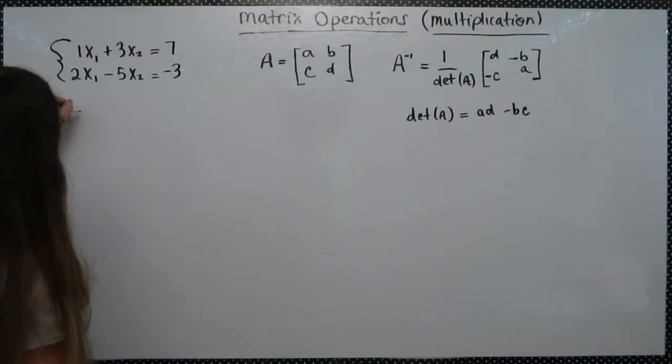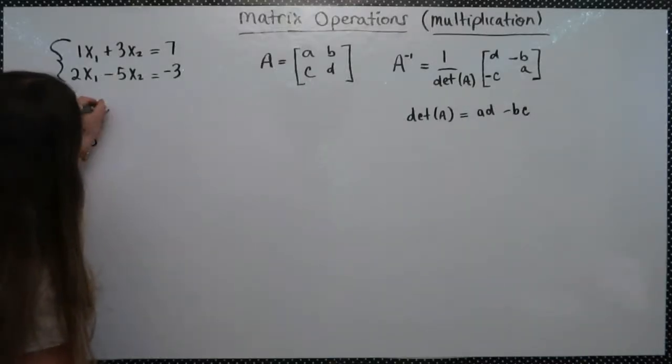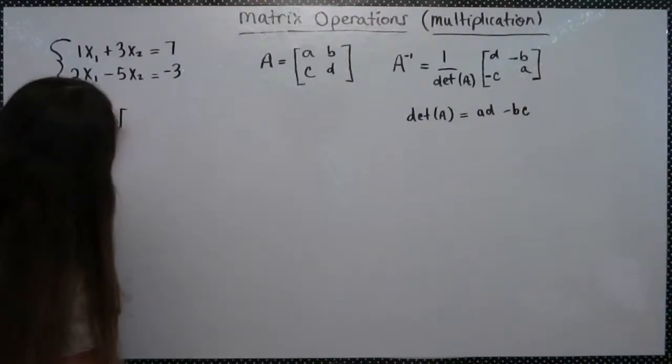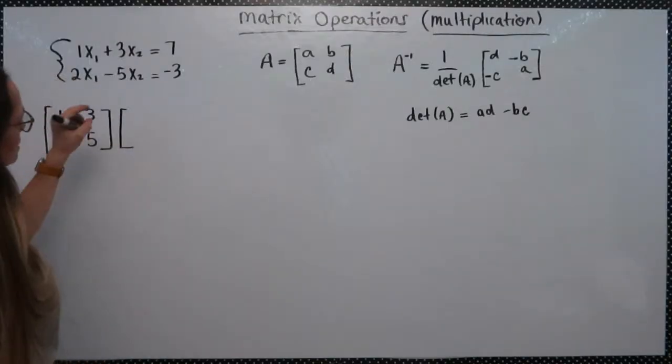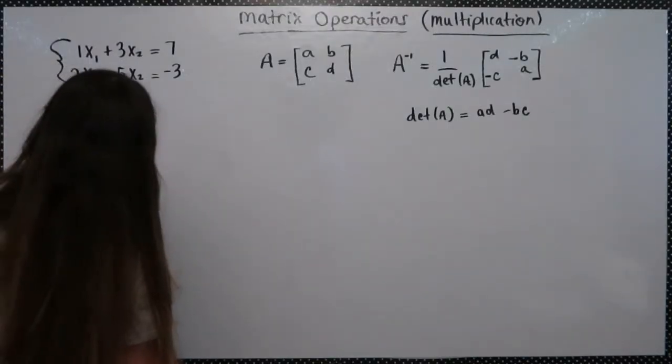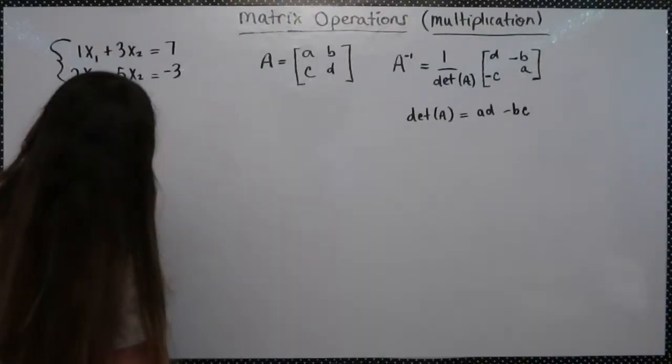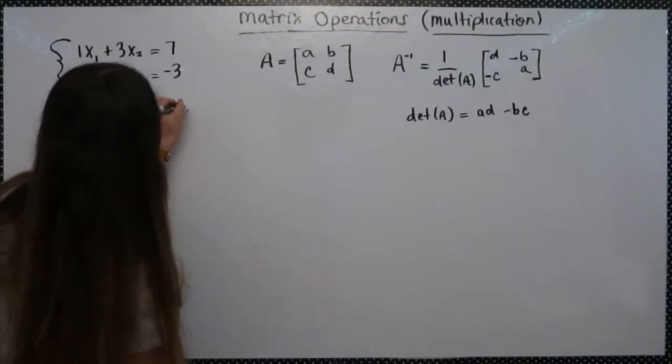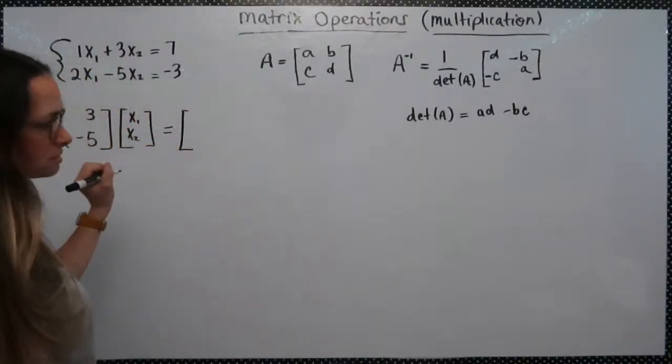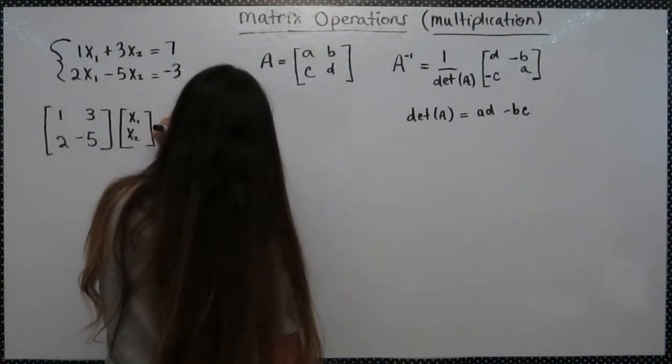So you have 1, 3, 2, and -5. And then you're going to multiply it by just your variables, so it's x1, x2. And then you're going to set that equal to your constants, so it'll be 7, -3.